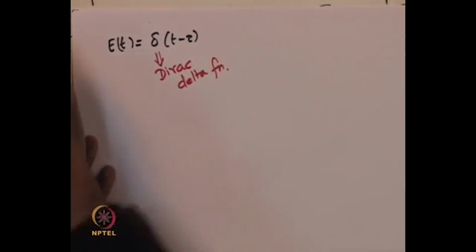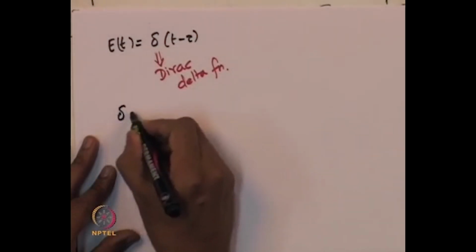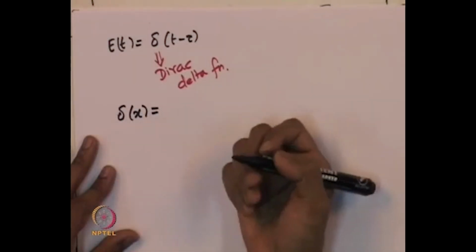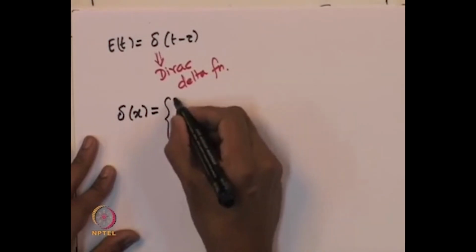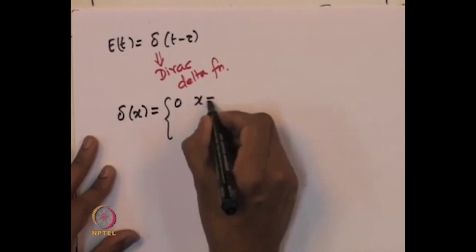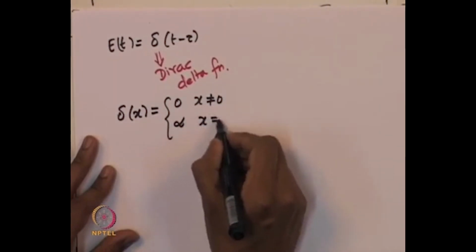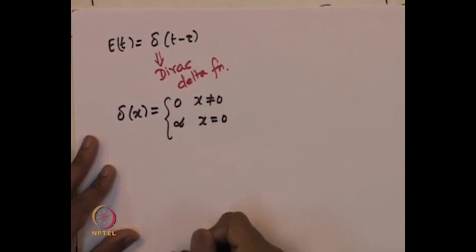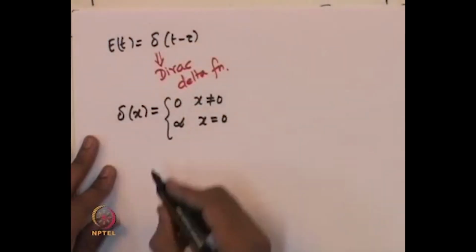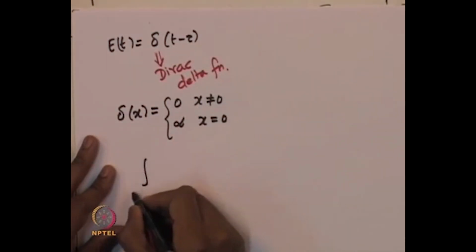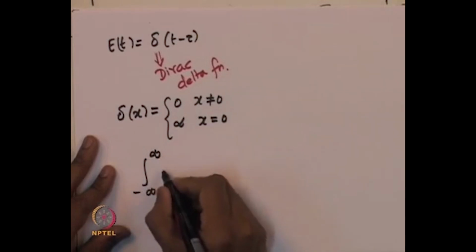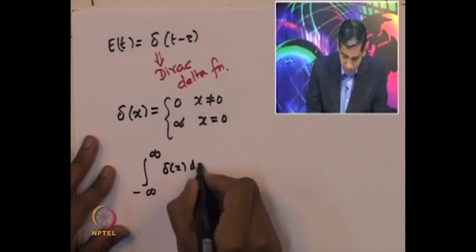That is the Dirac delta function, and it is defined as follows. The Dirac delta function delta of x is equal to 0 if x is not equal to 0, and it is equal to infinity when x is exactly equal to 0. And the property of this function is that the integral from minus infinity to plus infinity of delta of x dx should be equal to 1.